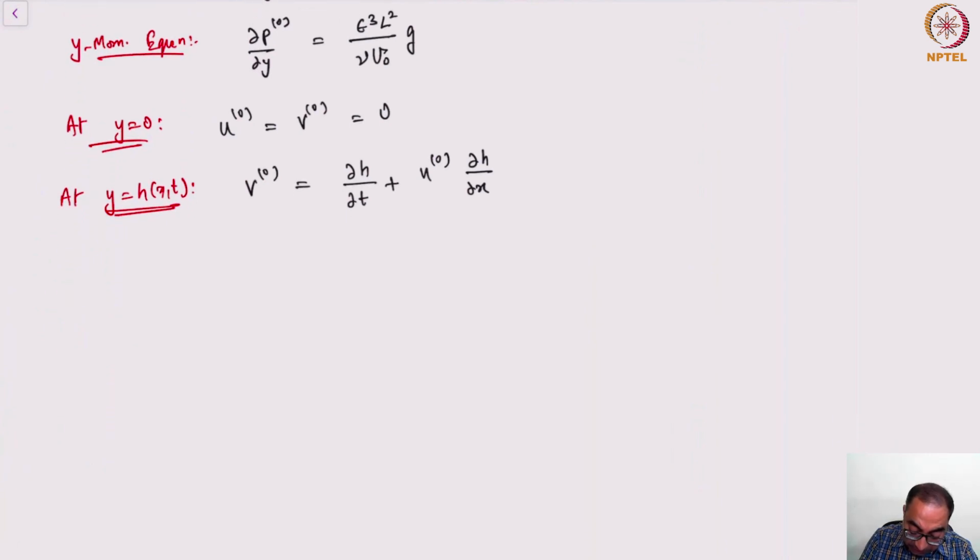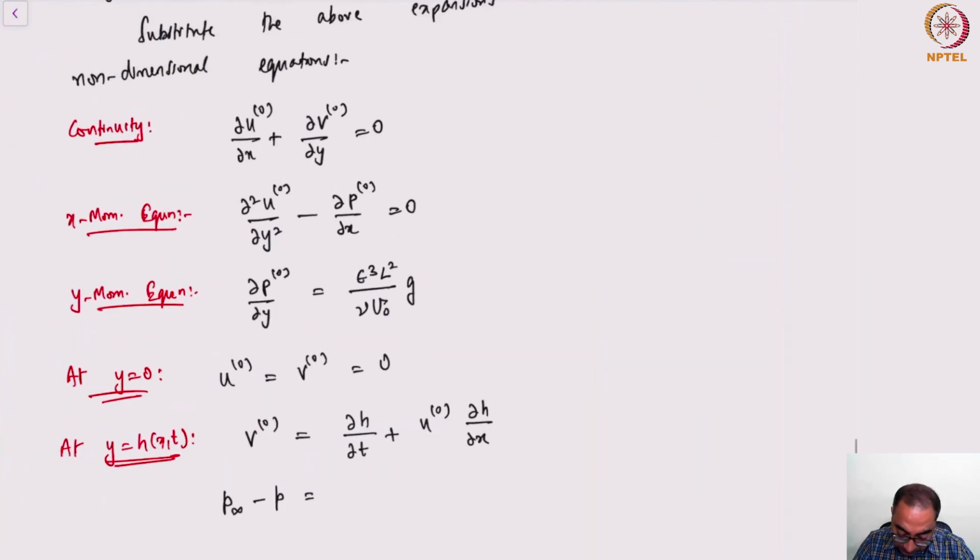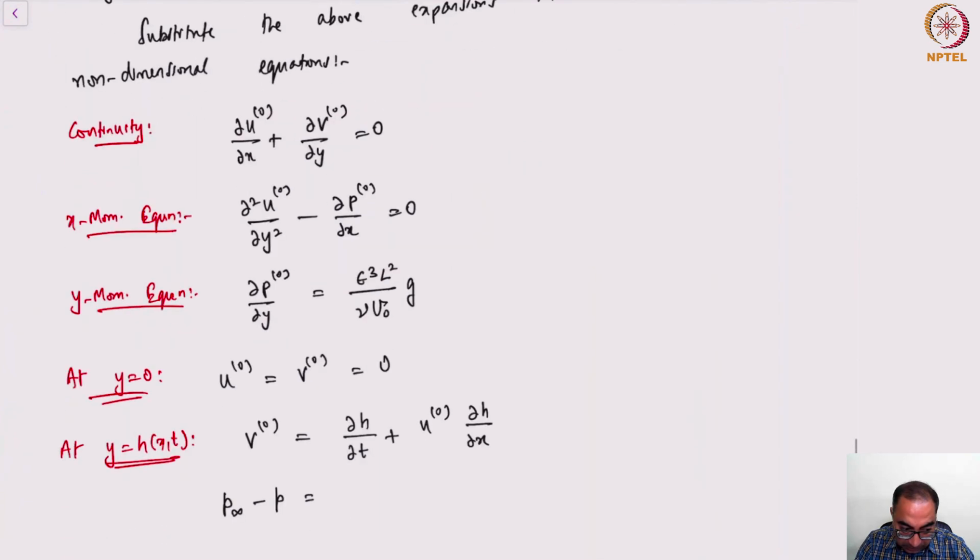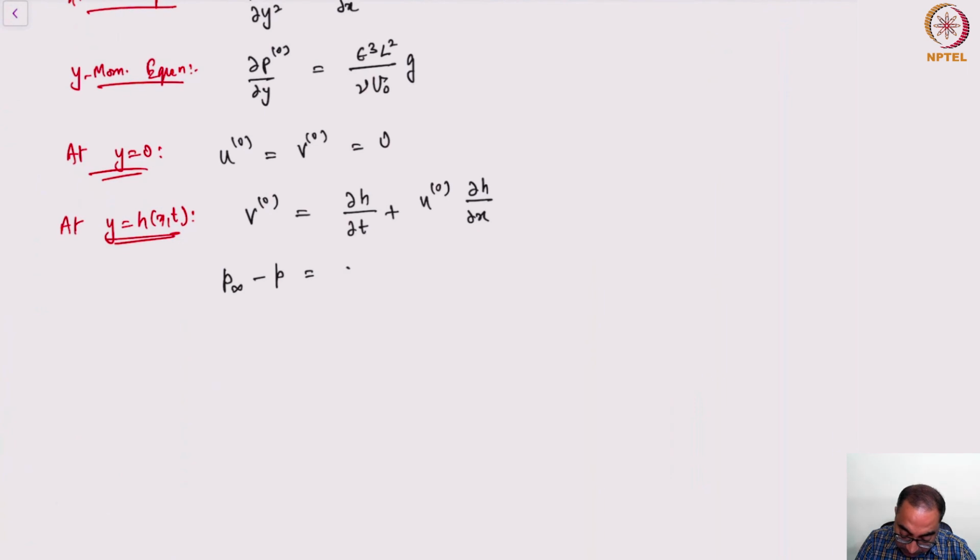So we have the kinematic condition, and the normal stress balance essentially becomes P infinity minus P is equal to minus epsilon cube gamma, or minus epsilon cube by capillary number, times hxx.